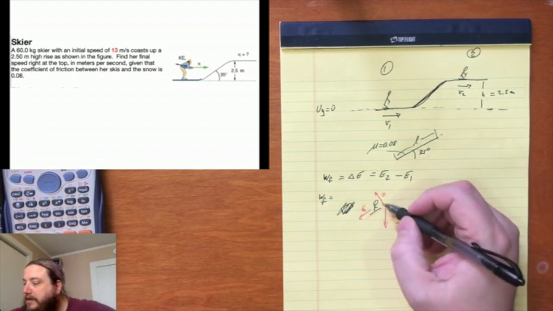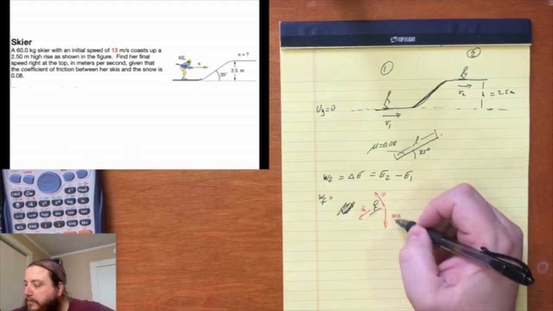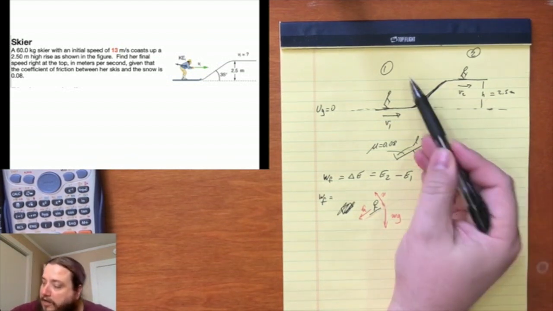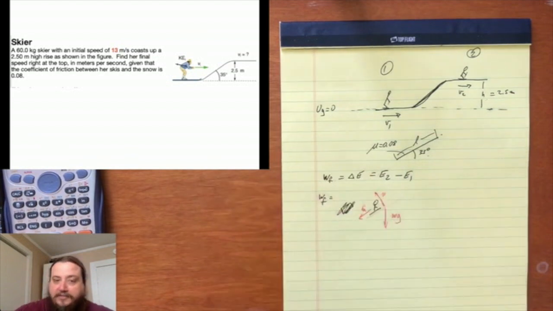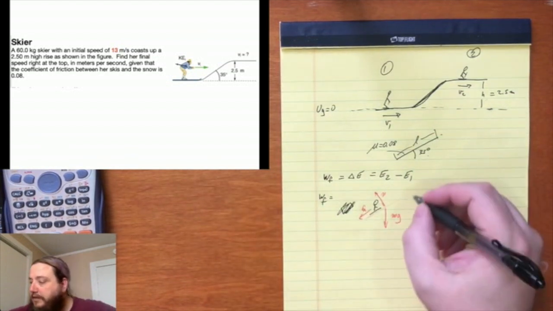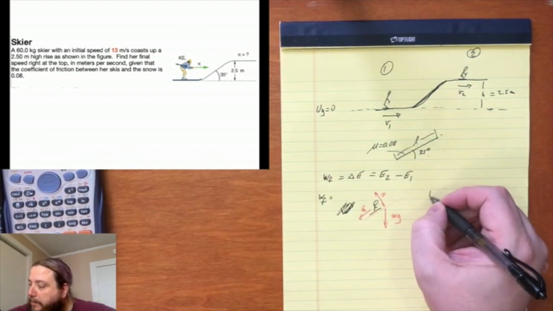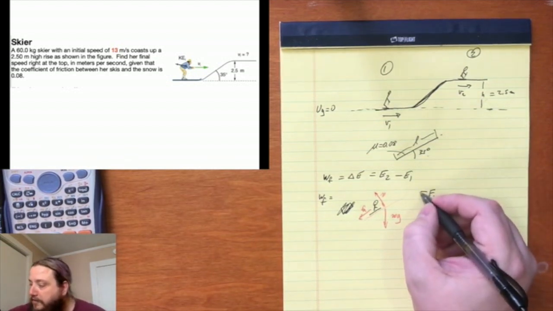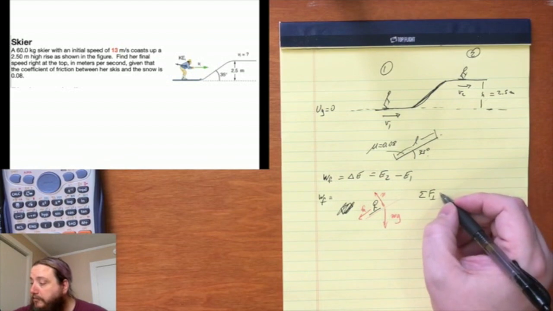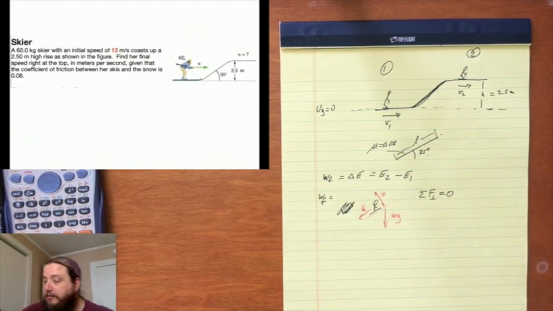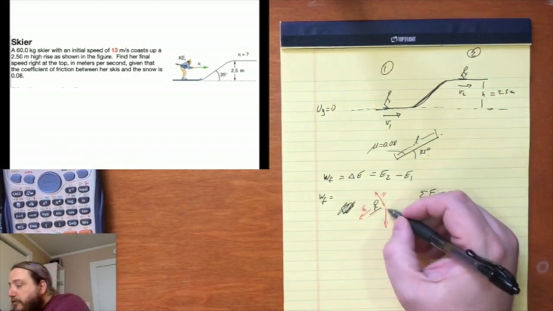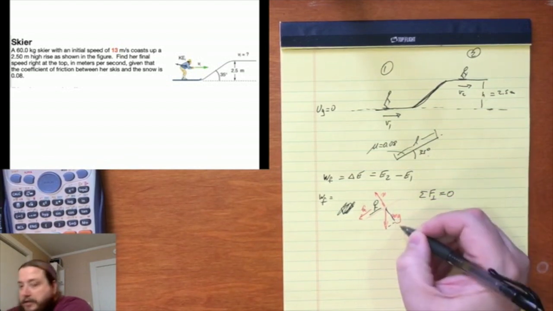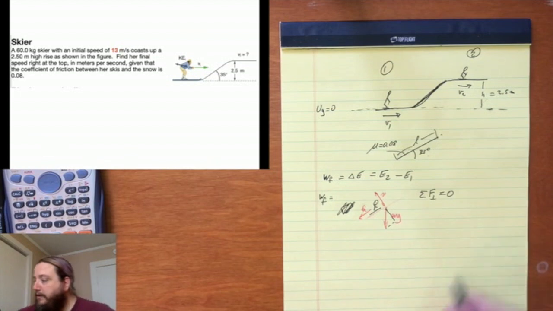All right, well, we can say that the skier is not accelerating off of the hill, nor is the skier accelerating into the hill, so the sum of the perpendicular components of force must be 0. And so we need to convert the weight mg into parallel and perpendicular components.